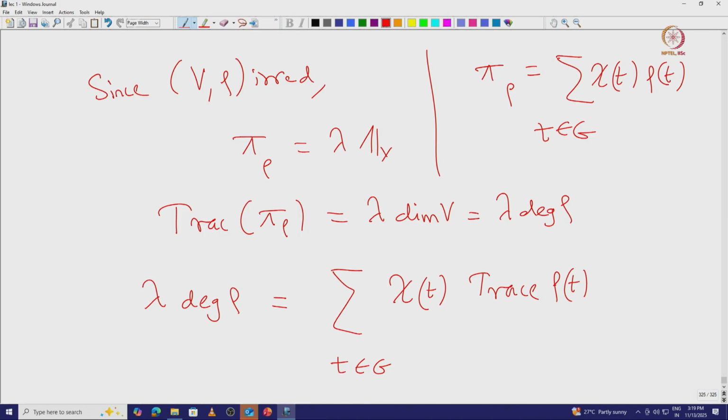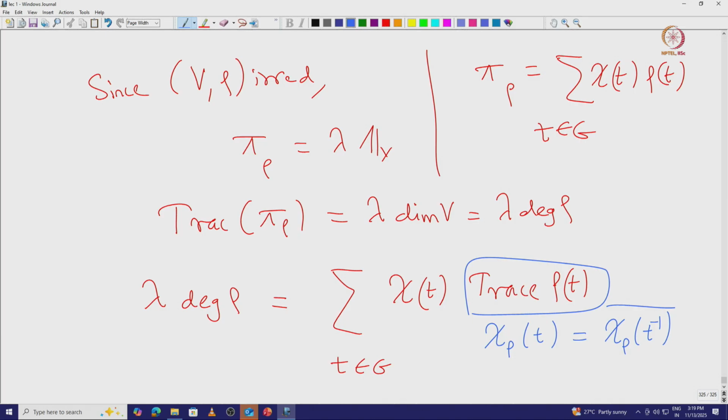If you think about it, this is exactly equal to chi rho of t, which, since we have assumed that it is a unitary representation, is exactly equal to the conjugate of chi rho of t inverse.